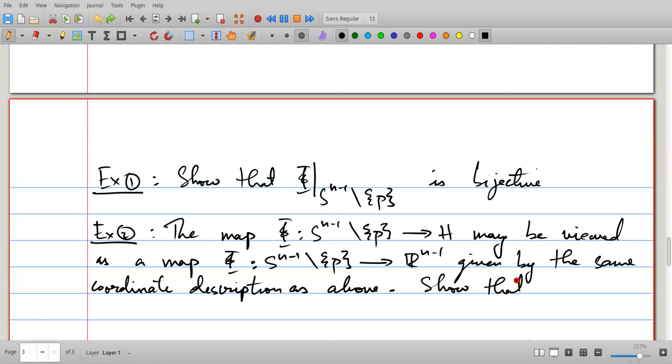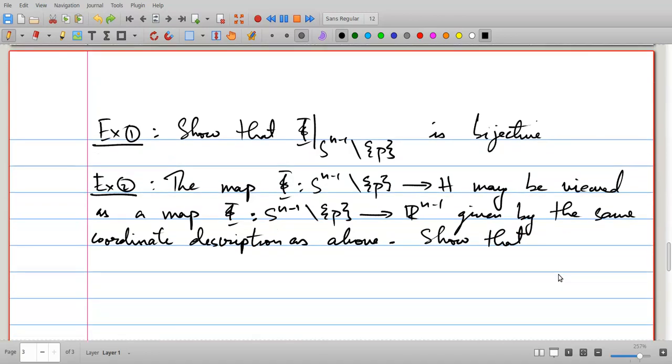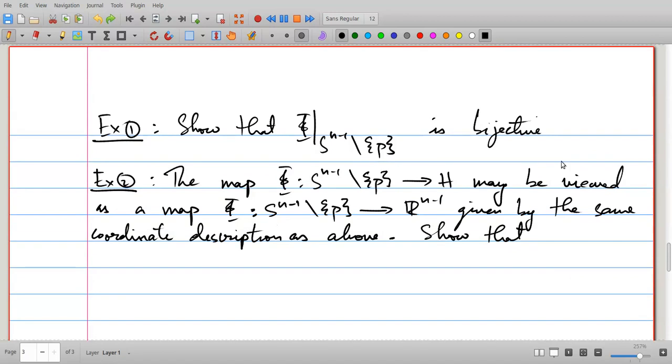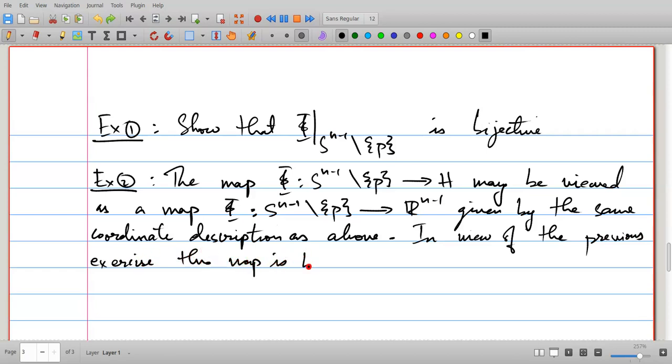Okay, so there's nothing to show here, in view of the previous exercise, this map is bijective.